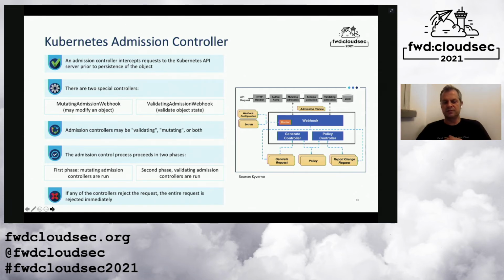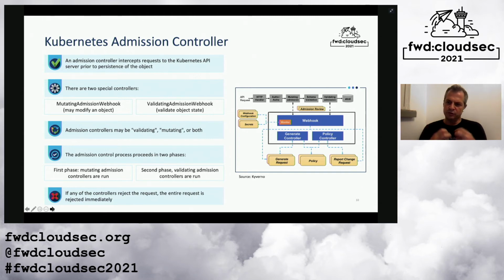An admission controller can be validating, mutating, or both. And the admission controller works in two phases. As you can see in this drawing that I brought here on top, you can see the different phases of an API request. There is a phase where we get the mutating admission, and there is the validating admission, right? First we have the mutating, and then right after comes the validating. So why is it important?